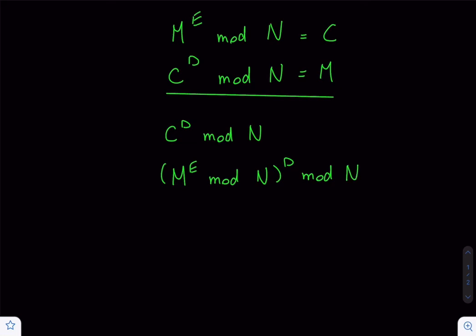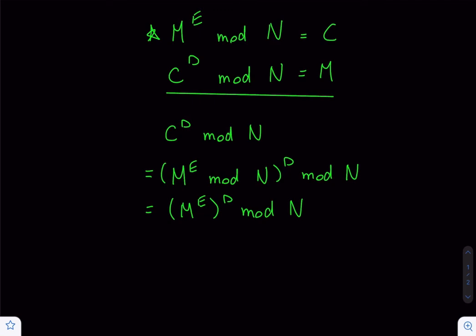And we can do this just because of the way that c is defined right here. And so these two are equivalent. What I now posit is that m to the e mod n all raised to the d power mod n is equal to m to the e power raised to the d power mod n.